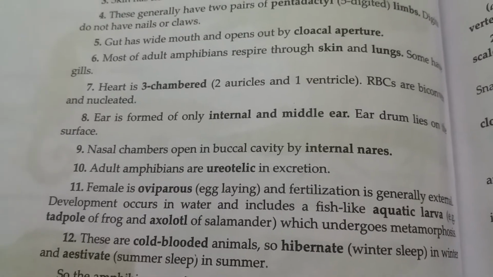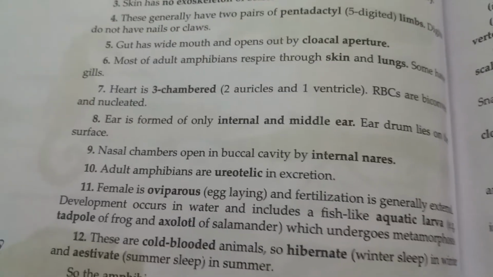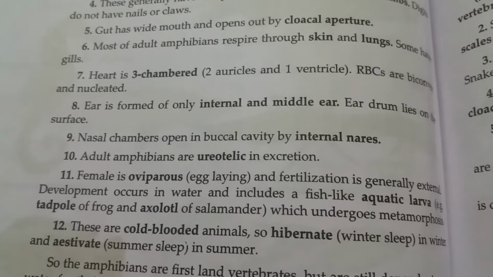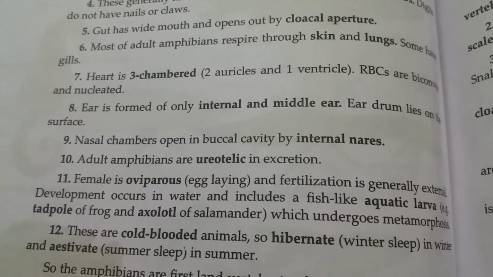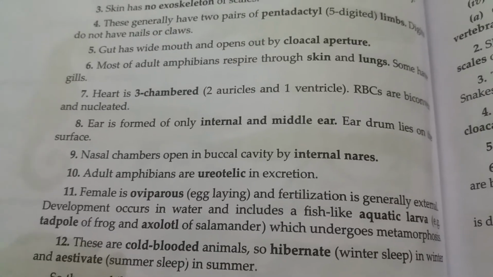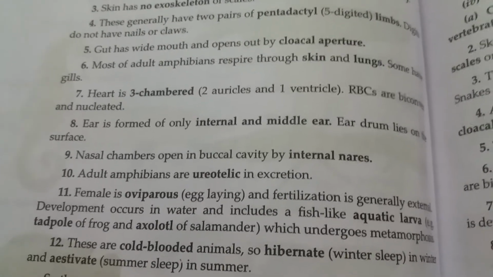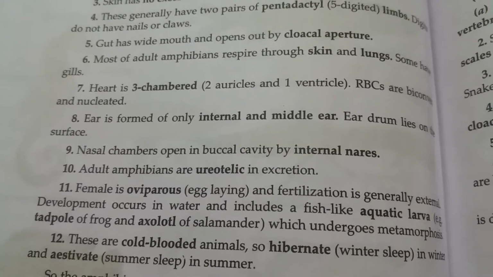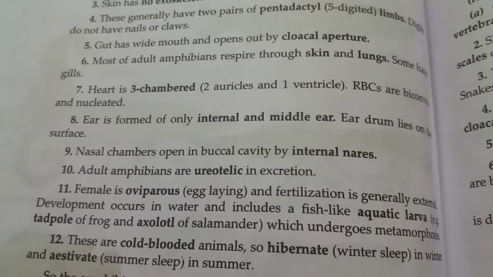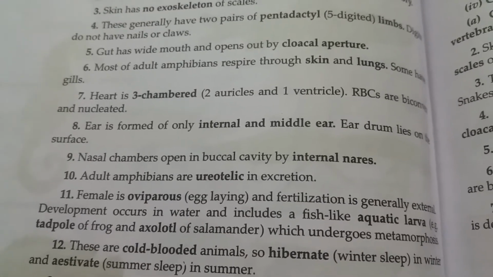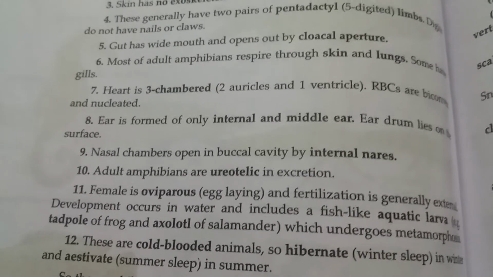Eardrum lies on the surface, means two parts of ear, internal and middle ear. Next characteristic features, nasal chambers open in buccal cavity by internal nares. Adult amphibians are ureotelic in excretion, means they excrete urea during excretion. Female is oviparous.